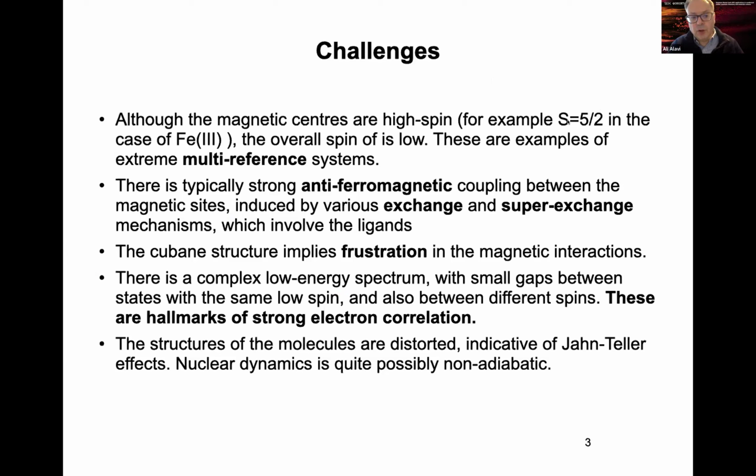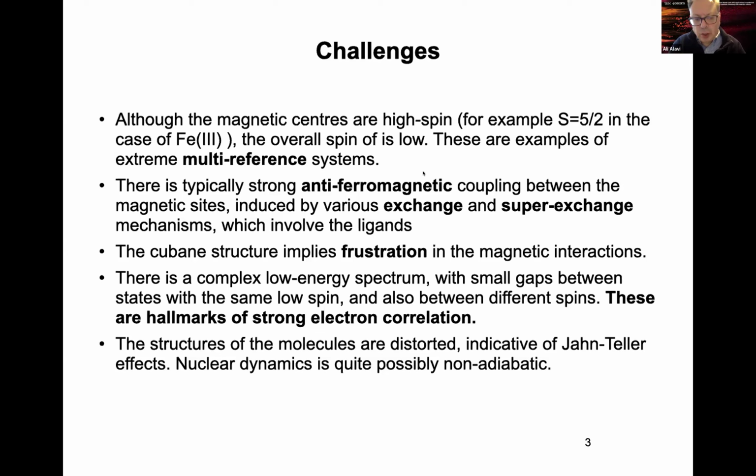These are examples of extreme multi-reference systems as defined in quantum chemistry, which means that to get even a qualitative description of the wave functions, you require many, many CSFs. And the systems are typically strongly antiferromagnetic. This antiferromagnetic coupling is induced by various exchange and superexchange mechanisms that involve the ligands.